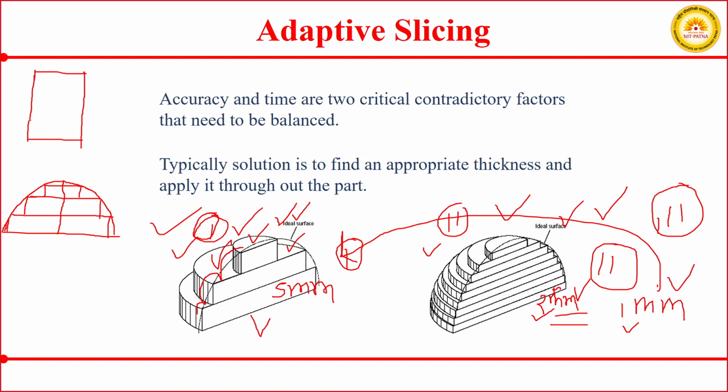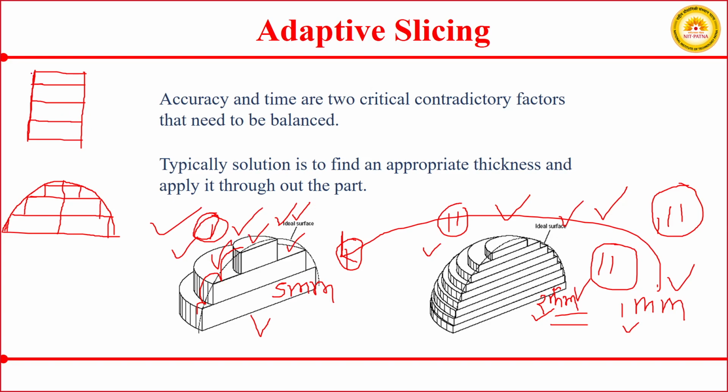Obviously you can take a larger layer height like 5 mm, because the surface does not have any feature, or the surface is vertical in nature, so you can go with a larger layer thickness.